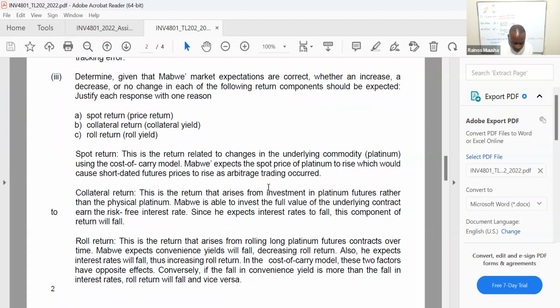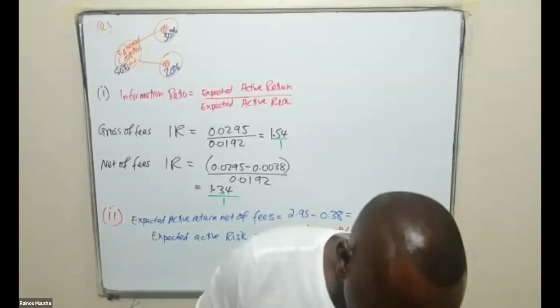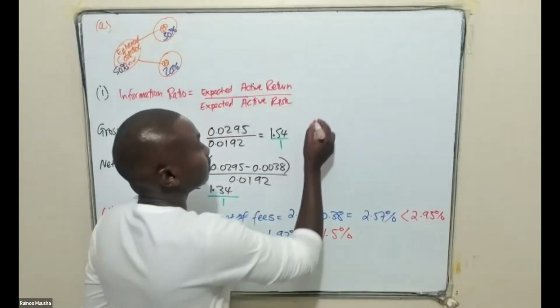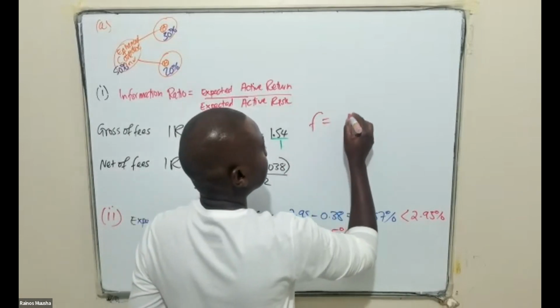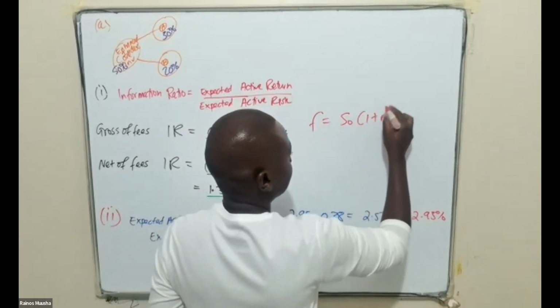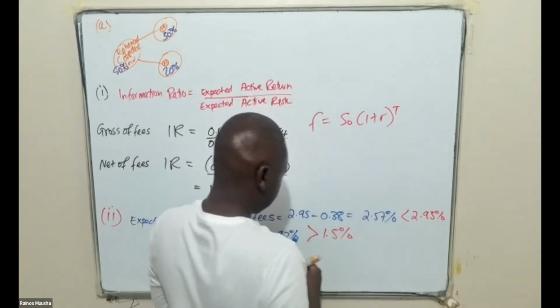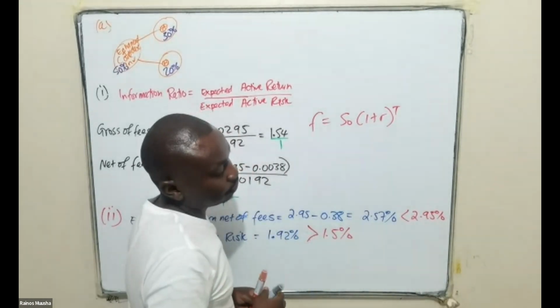So if the return arises from the investment in platinum futures, now we need to find out what we are expecting to happen to the platinum futures given the movement in interest rates. Remember we say your futures price is given as the spot price in brackets 1 plus R to the power of T. So this is how we're able to ascertain the futures price.